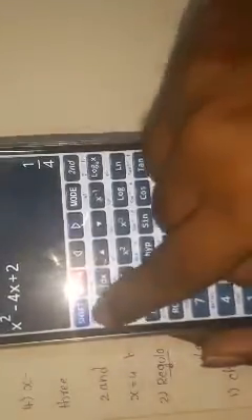Now I am assuming x is equal to 0.5. That gives the function value, which is 1/4, a positive value. Again press CALC, and when I take x is equal to 1, it gives a negative value, minus 1.